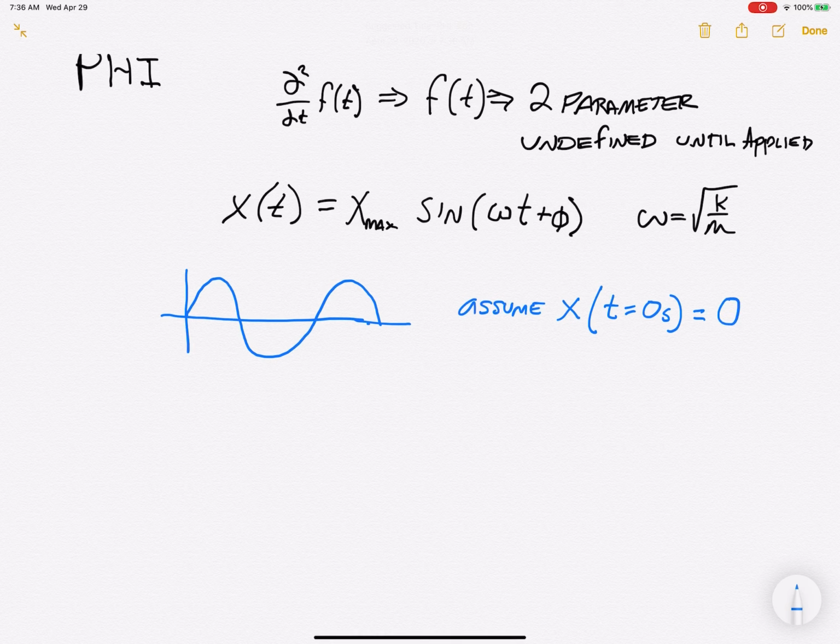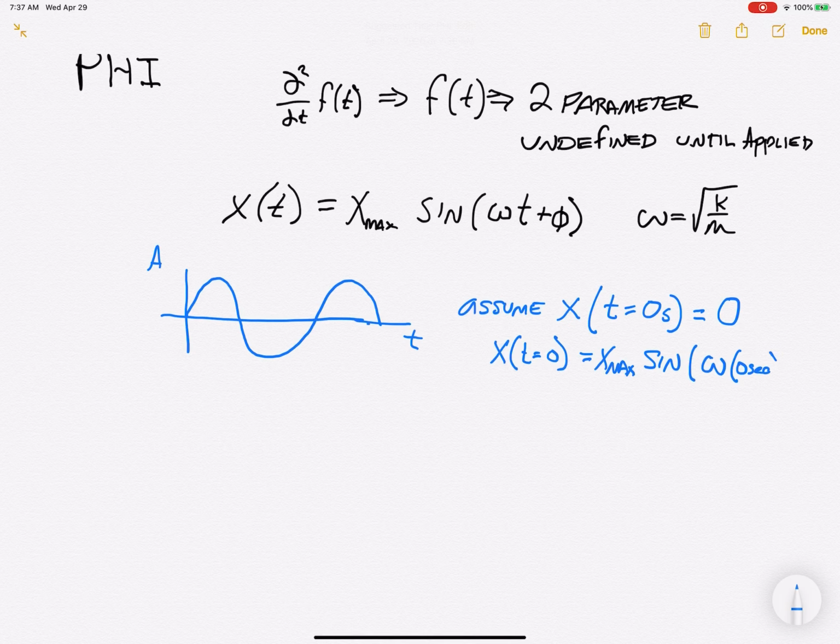X at t equals 0 is equal to x max sine of omega t. This is amplitude, this is time. So with time equaling 0, we would just have omega times 0 seconds.